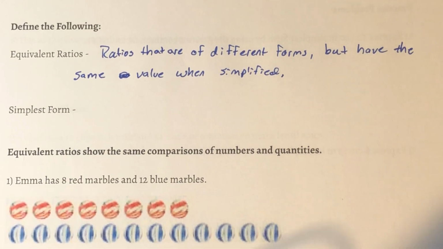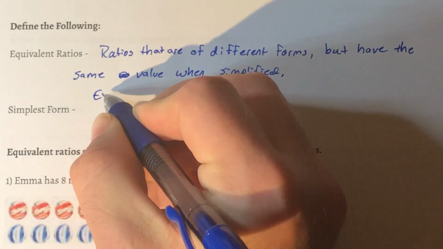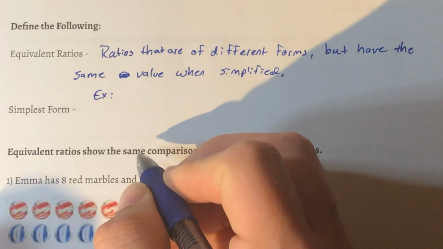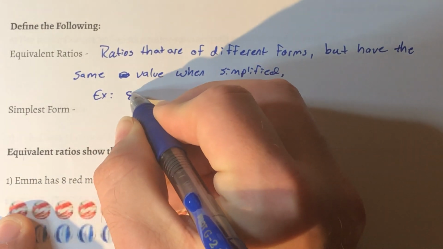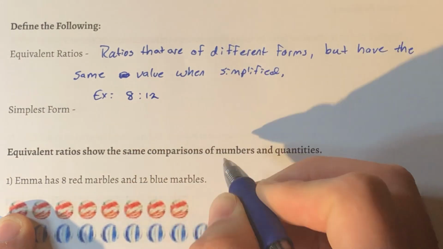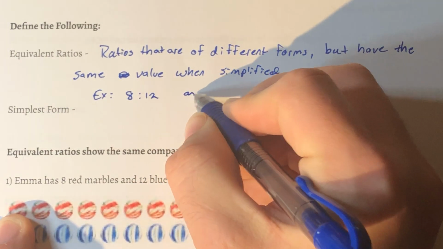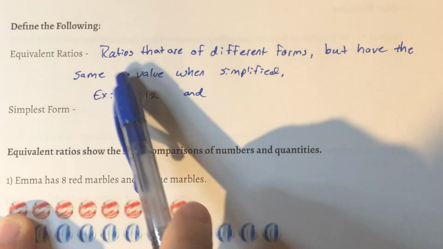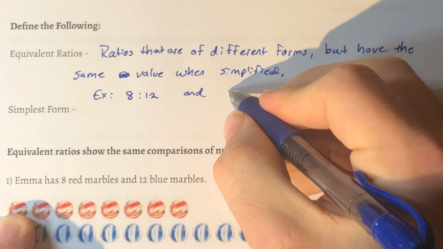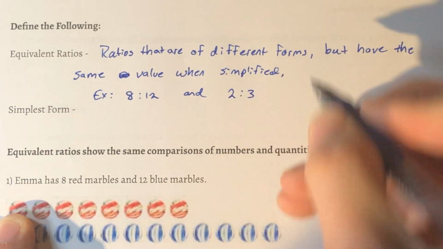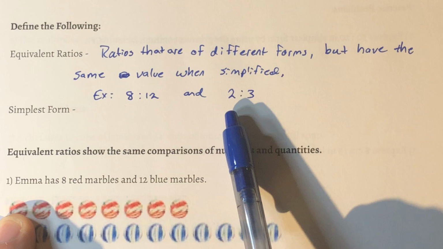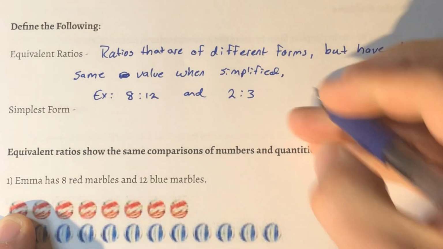Example, let's say we have 8 to 12, and we have a different form of a ratio, such as 2 to 3. 8 to 12 and 2 to 3 are equivalent ratios.